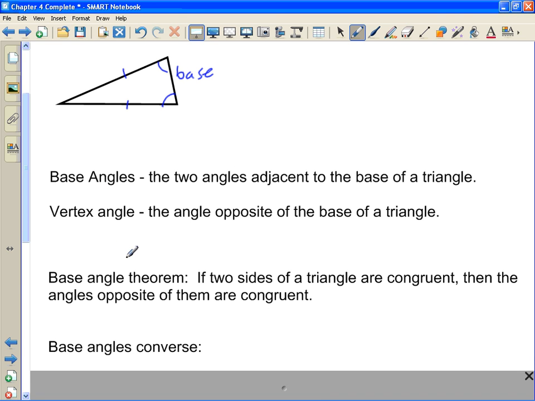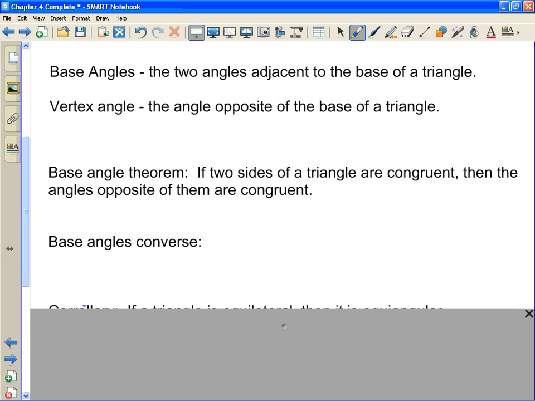Now, it turns out the converse of this statement is also going to be true. So the converse, if you remember, we're going to switch our if and then parts. Our hypothesis and our conclusion are going to get switched.